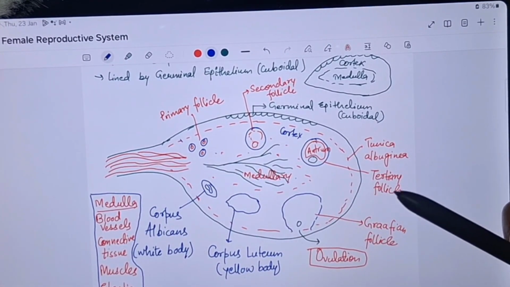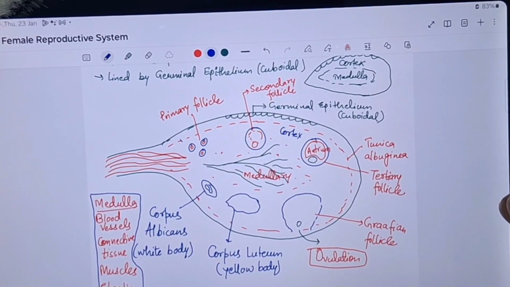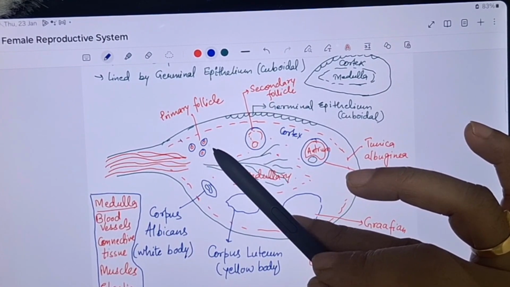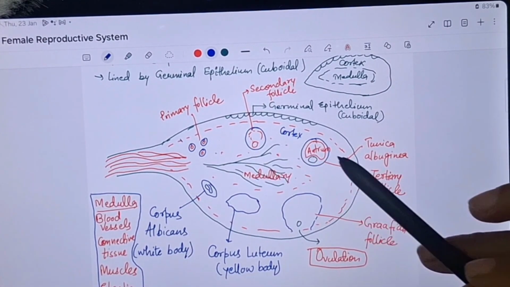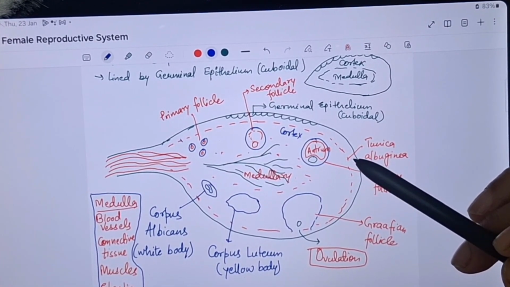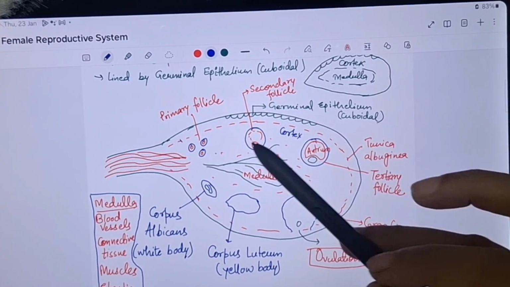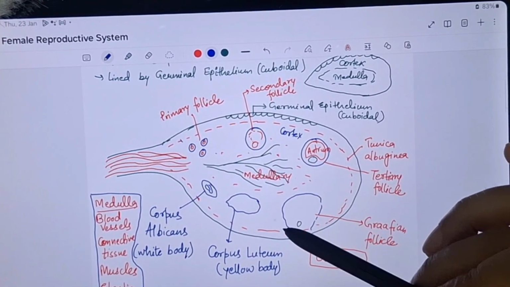But once the female attains maturity, the process of oogenesis starts again, and the primary follicles, which are so many in number, will start maturing. For the first time, when menstruation occurs after attaining puberty in a female, the menstrual cycle begins. So I will be explaining simultaneously the menstrual cycle, how it goes.